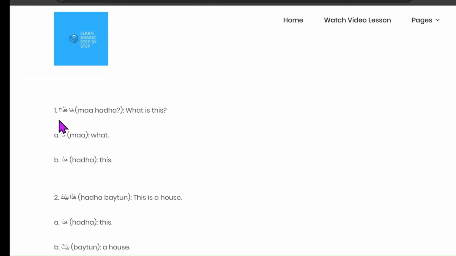The first and most important phrase for today is Ma hadha. Let's break it down. Hadha means this. It's generally used for masculine singular nouns. Next, we have ma.